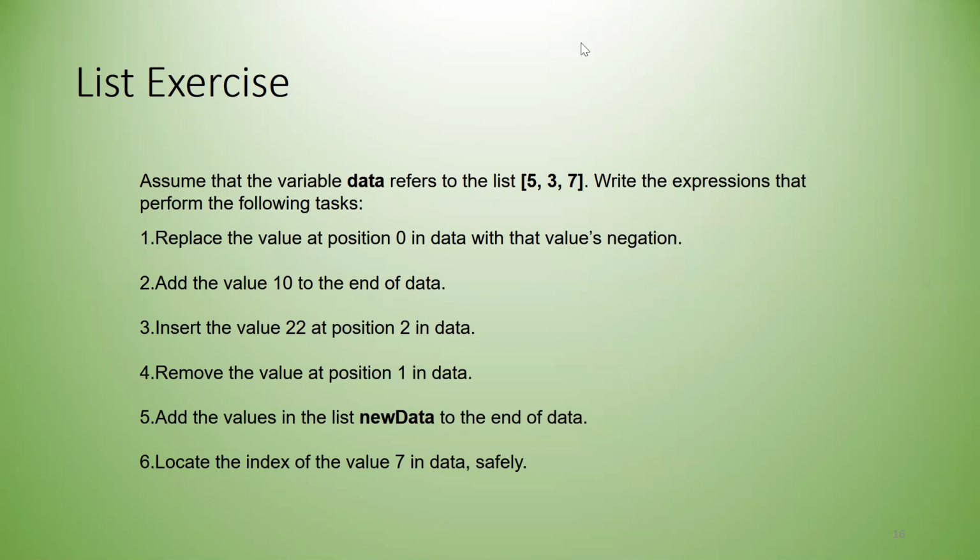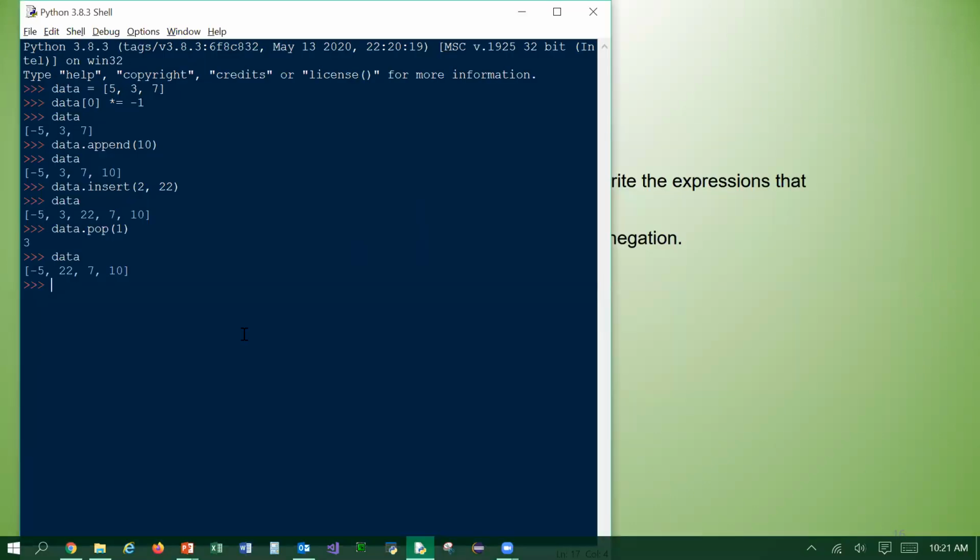And let's do that. Okay, so we are doing add the values in the list new data to the end of data, right? So you have to assume new data has been initialized. So let's just initialize it. Okay, so this is new data.